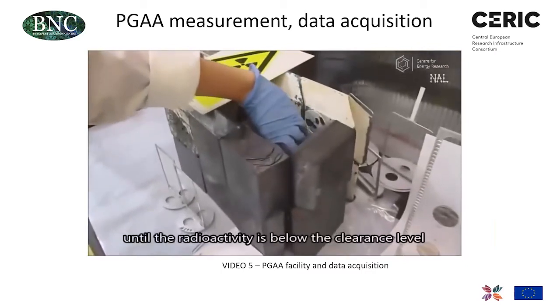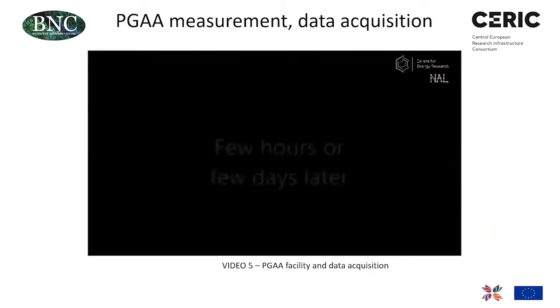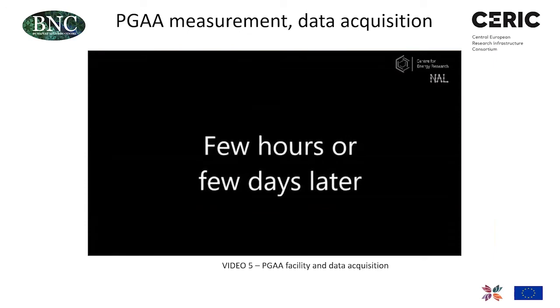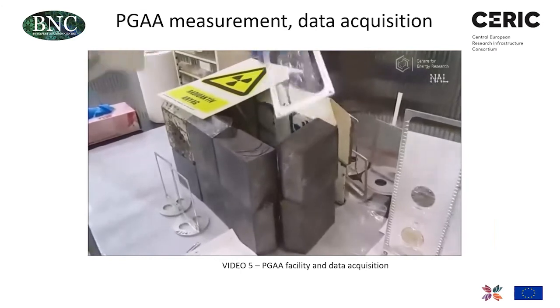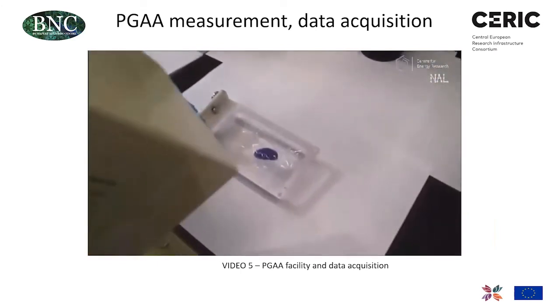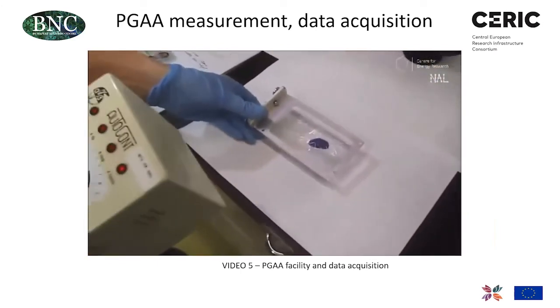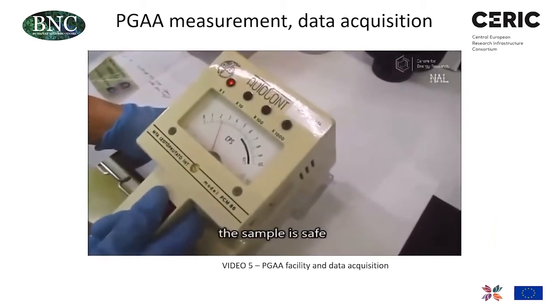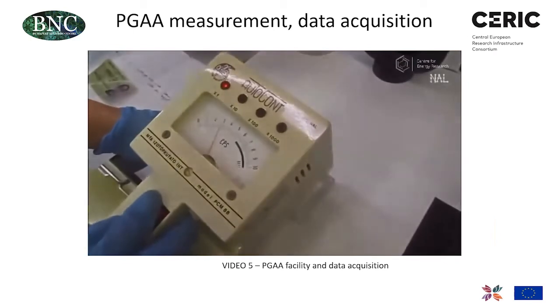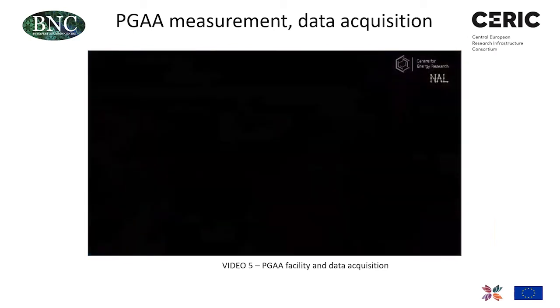So we store the samples for some hours in a safe place. And if we measure the radioactivity after a few hours of storage, then you see that it's very, very close to the natural background already. So the same sample can be removed from the facility and can be returned to the user without any further consequences.